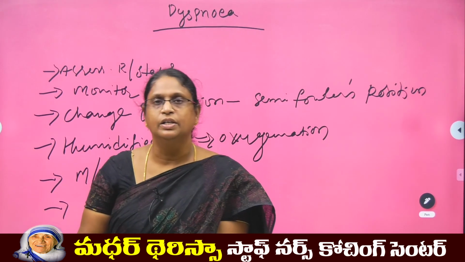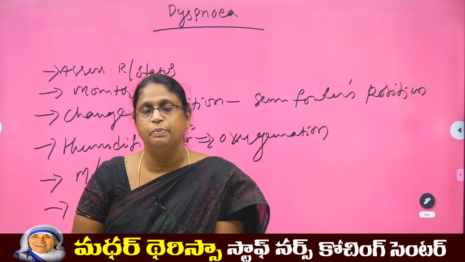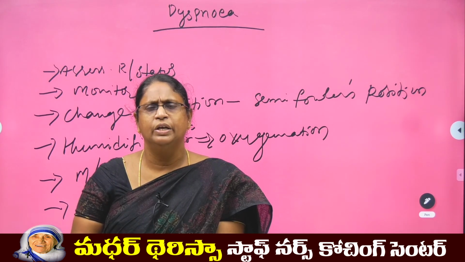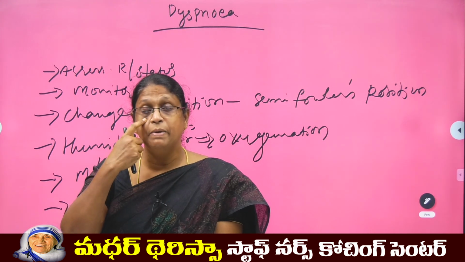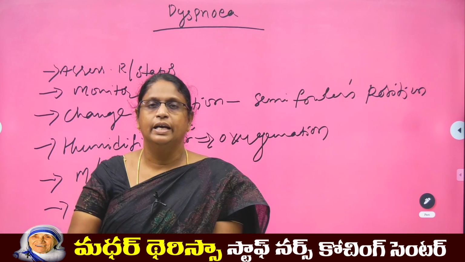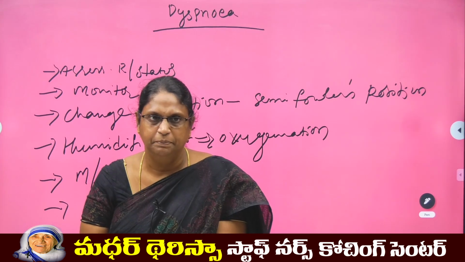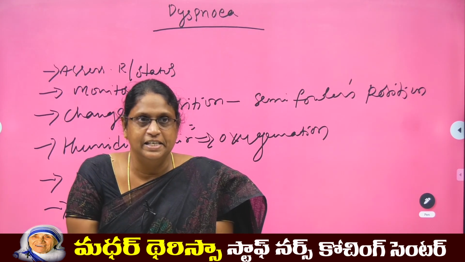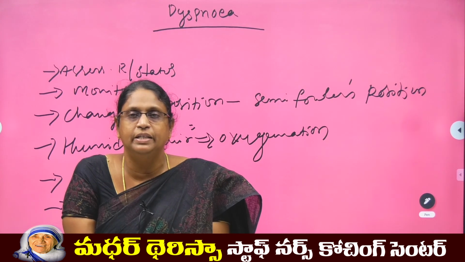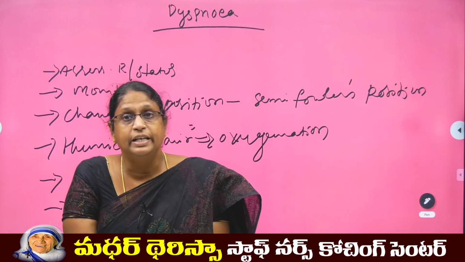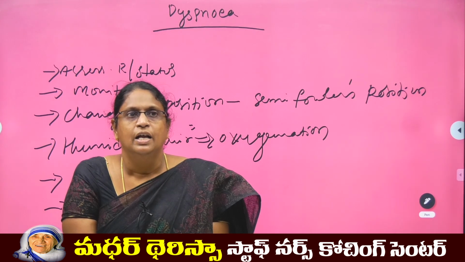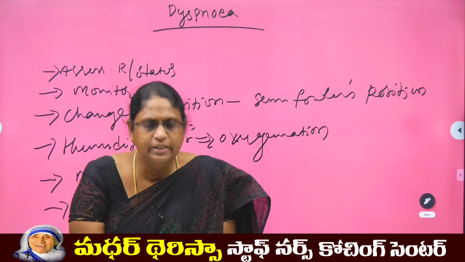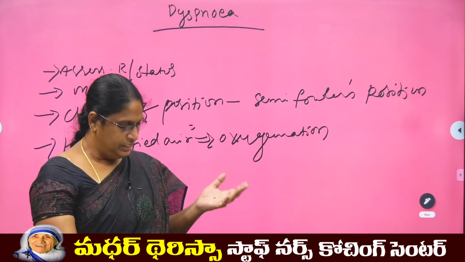As they continuously use the incentive spirometry, they can continuously expand the lungs. It is like feedback for them, so that they can strengthen the lung capacity. Also encourage deep breathing exercises. Explain and demonstrate breathing techniques like pursed lip breathing and diaphragmatic breathing. With this we have finished dyspnea.